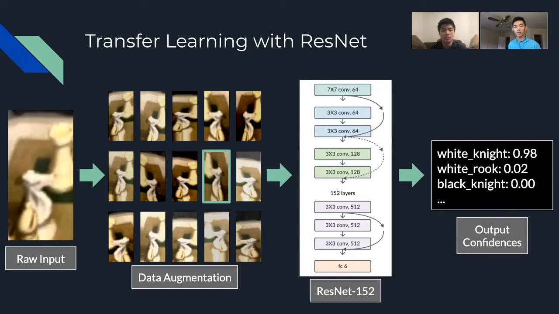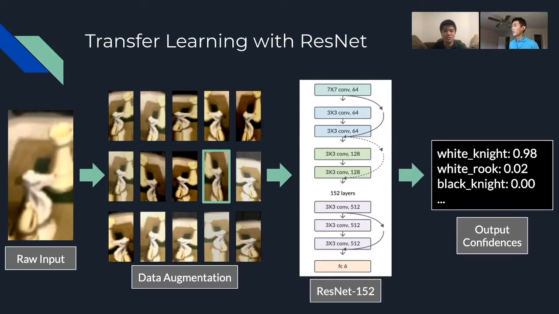So all we need to do is transfer learn on top of that to make it better at classifying chess pieces. By feeding our augmented image into ResNet, we can get output confidences as shown on the right. In this case, the model would be 98% sure that it's a white knight. The model is 2% sure that it might be a white rook, and it's not actually 0% sure. It's like 0.005 or something, but it just doesn't show because of rounding.